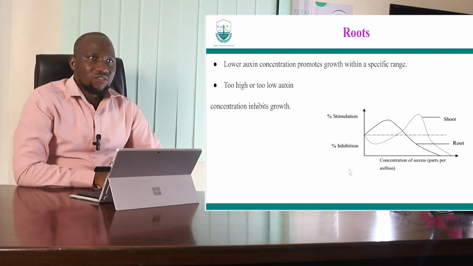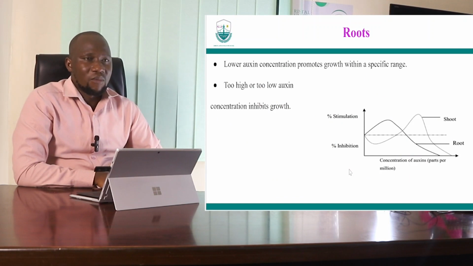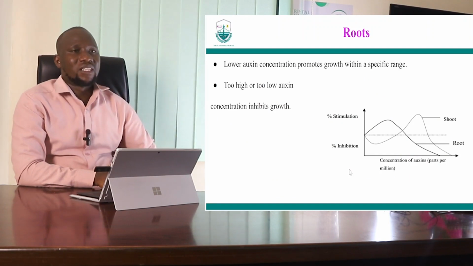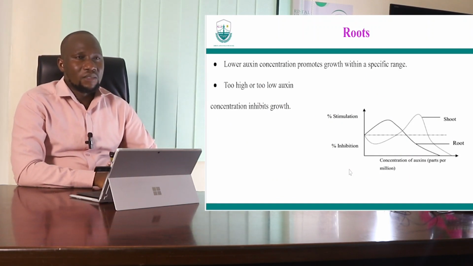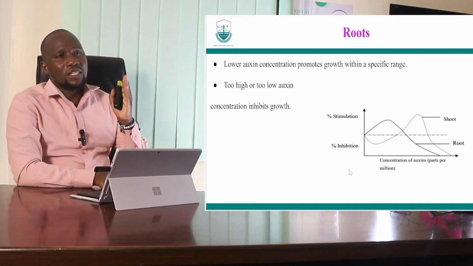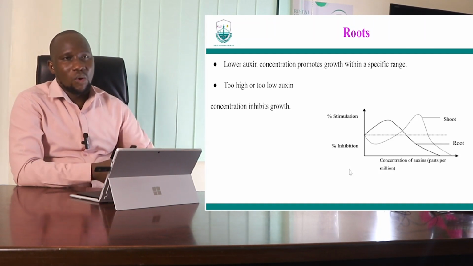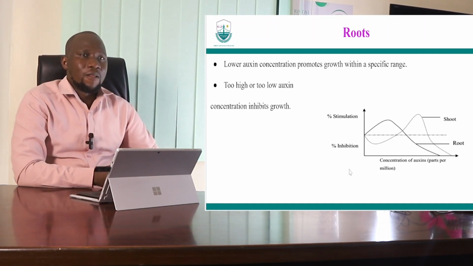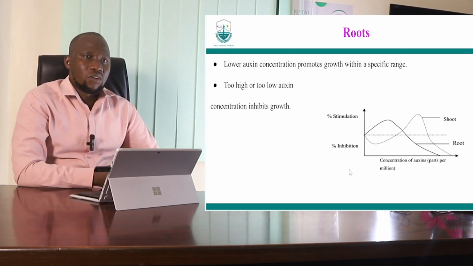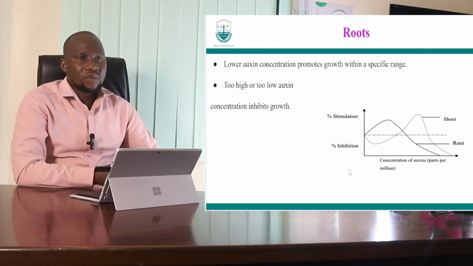So this graph can be brought in the examination, still emphasizing the same concept, that the extent to which auxins promote growth in the root and in the shoot is actually different.